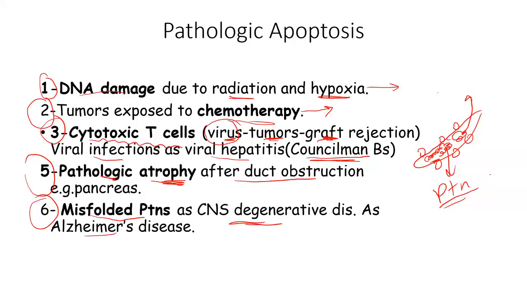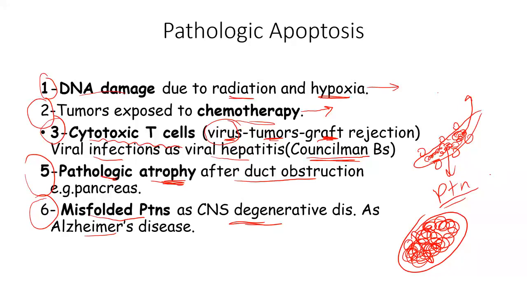These proteins are formed inside the endoplasmic reticulum, but they fail to have proper folding, and this misfolding will lead to increase in the number of the misfolded proteins with failure of their secretion from the endoplasmic reticulum. And so the endoplasmic reticulum will be stuffed with these misfolded proteins that cannot be repaired.